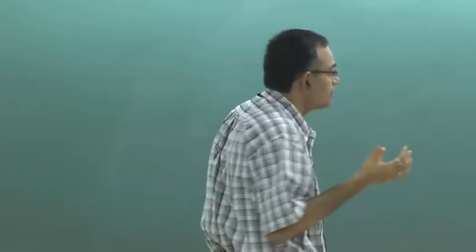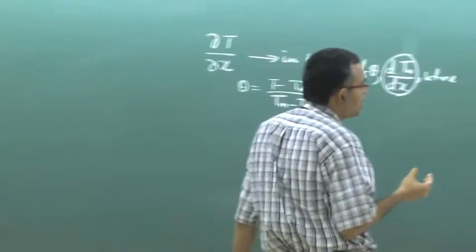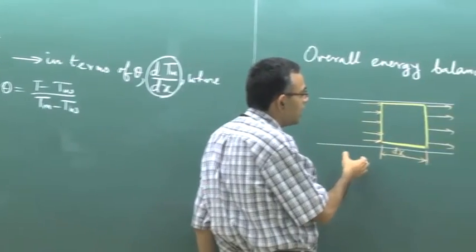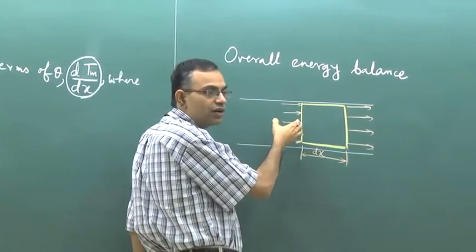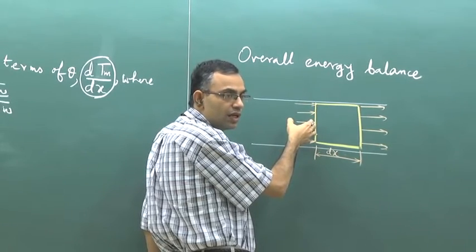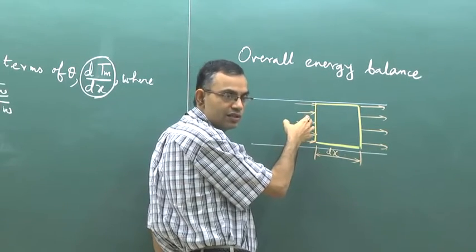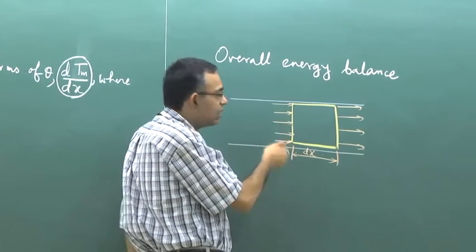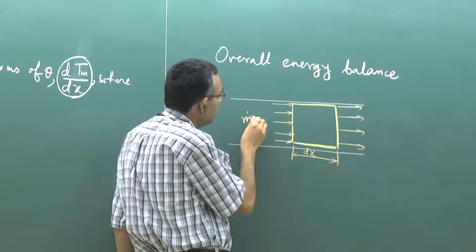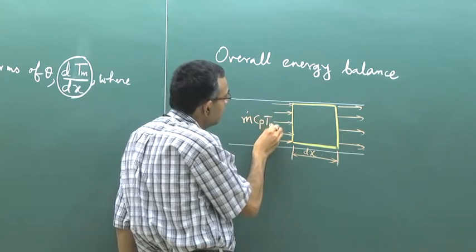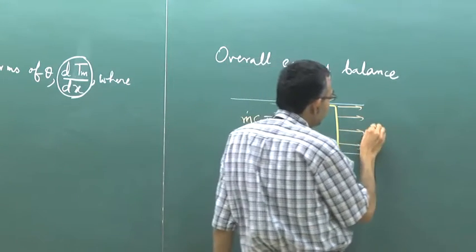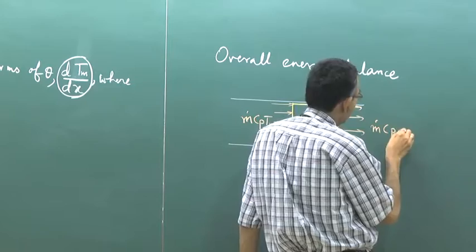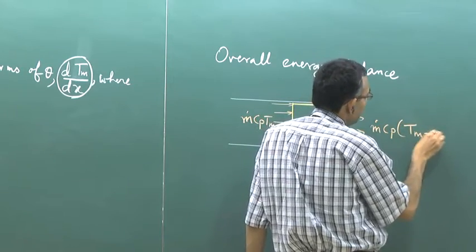So if Tm is the bulk mean temperature, then what is the rate at which energy is transferred across this section? It is m dot into h. M dot into h is m dot Cp Tm. We are considering incompressible fluid, and let us say this one is m dot Cp (Tm plus dTm).